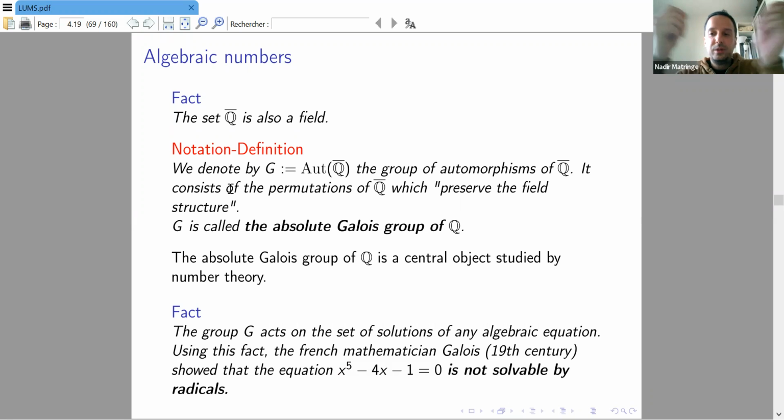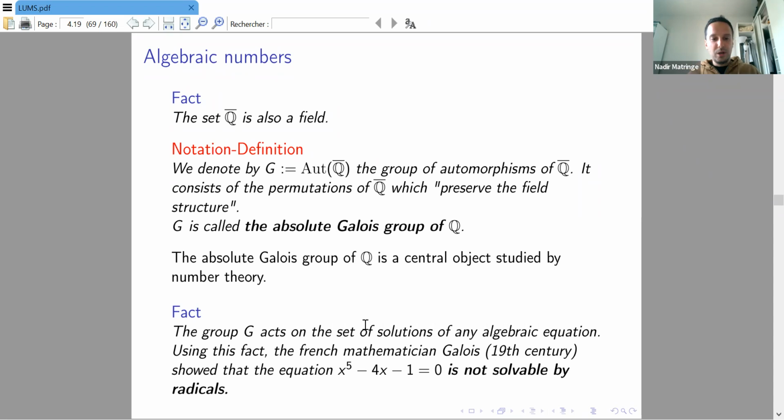It means I start with the coefficients of the equation, and I can express the solutions by doing basic operations on the coefficients, such as addition, subtraction, multiplication, division, and also extracting nth roots, for example, square root, cubic root, quintic root. You can always do this inside C because C is algebraically closed.